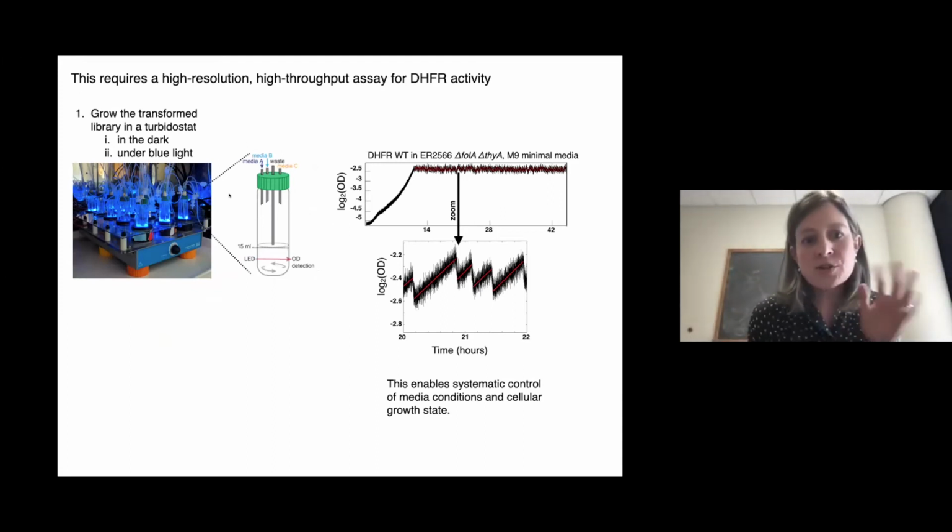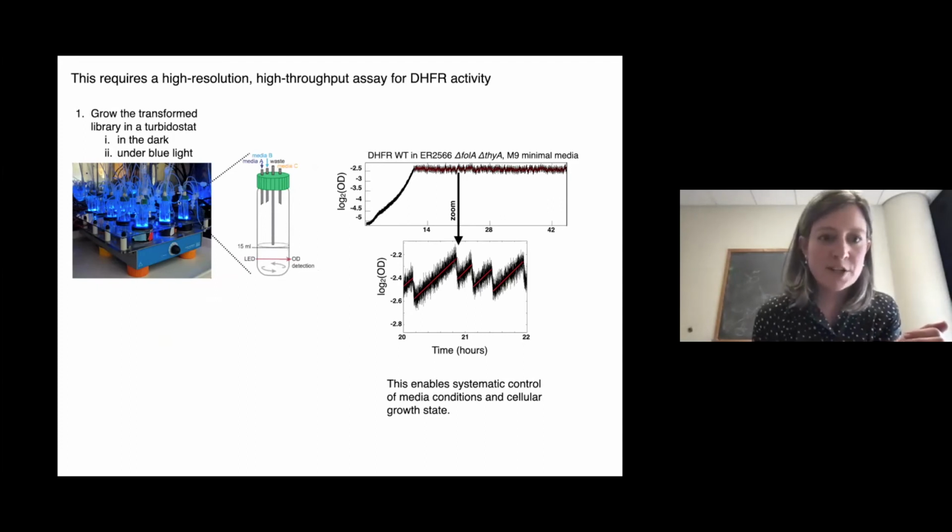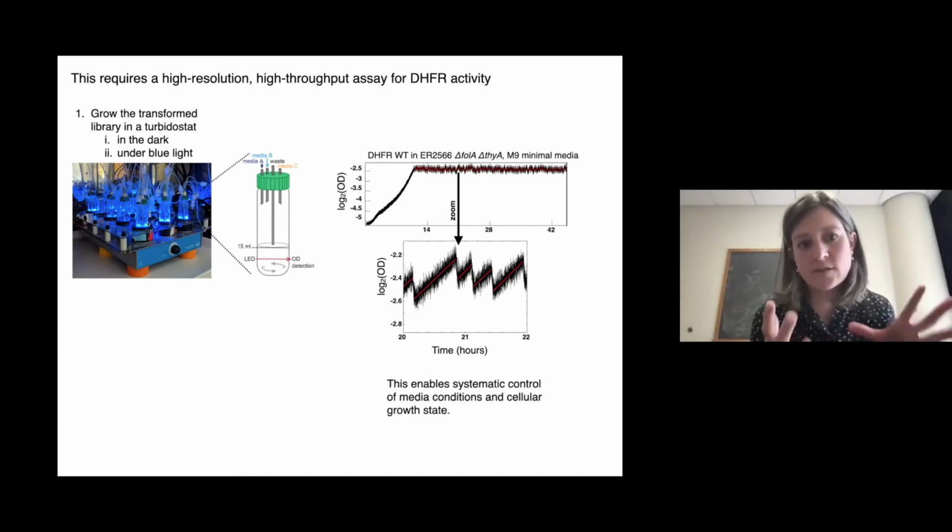So we're doing our deep mutational scanning assays inside of a turbidostat. Here I'm showing a picture and a little schematic of the vials that we use to do these experiments. Our turbidostat construction is based on a morbidostat design from Erdal Toprak and Roy Kashoni. Basically we have this stirring platform housed inside of an incubator.